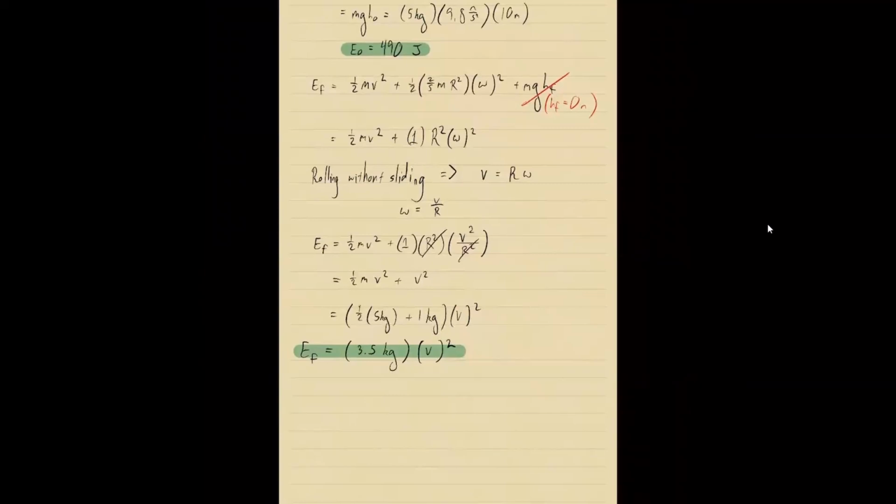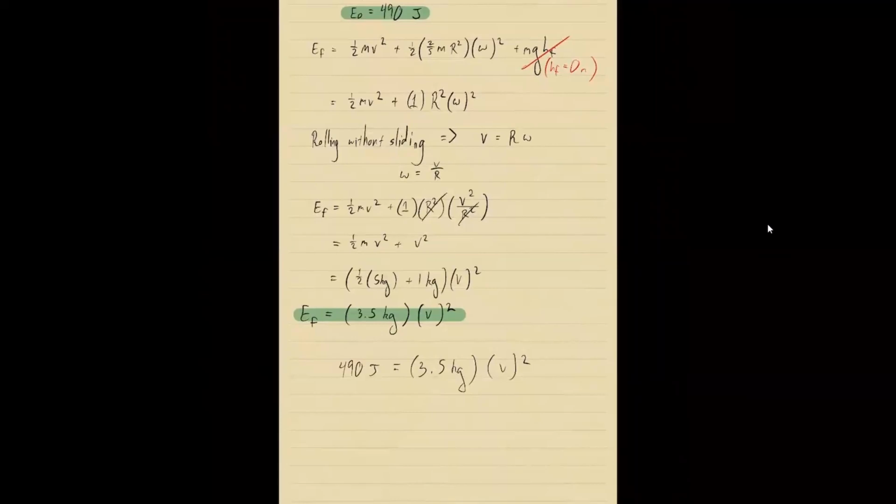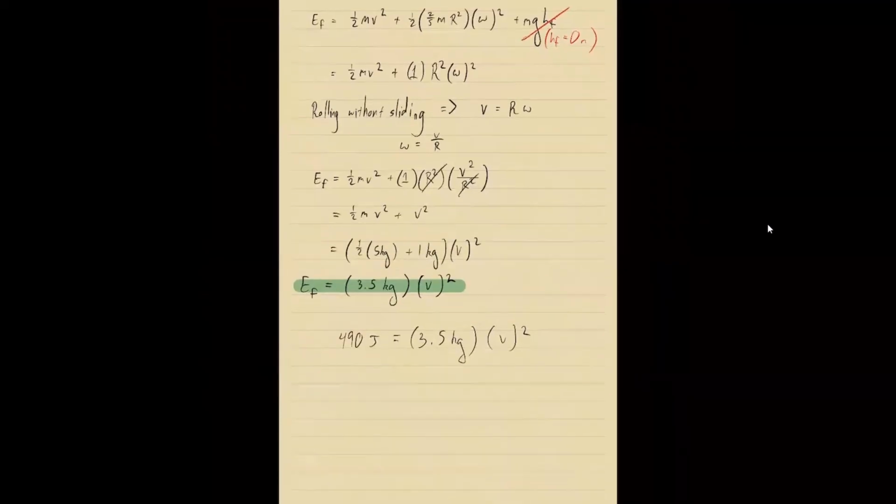So on the left-hand side, we have 490 joules. And then on the right, we have final energy of 3.5 kilograms times v squared. So then I can divide both sides by 3.5. So then we have the final speed squared of this ball at the bottom of the ramp is equal to 140 meters squared per second squared.